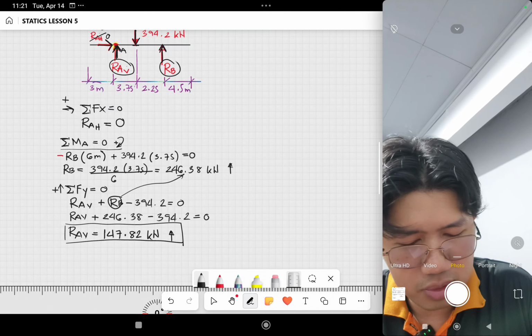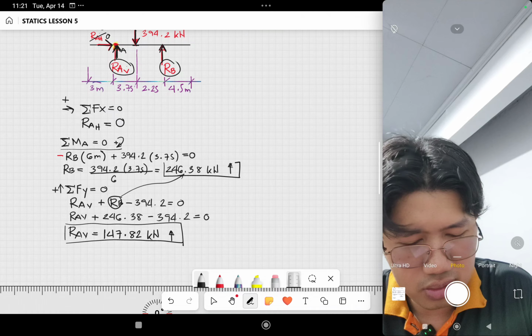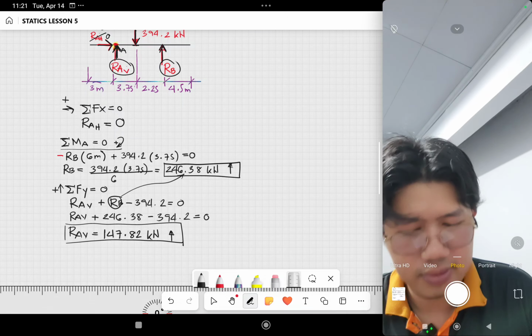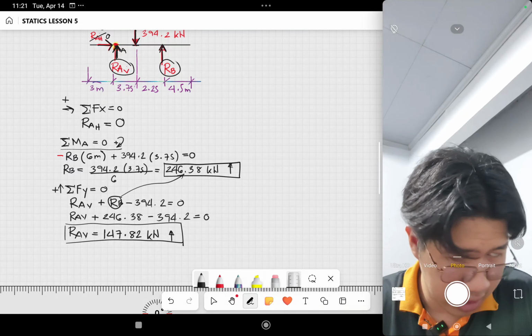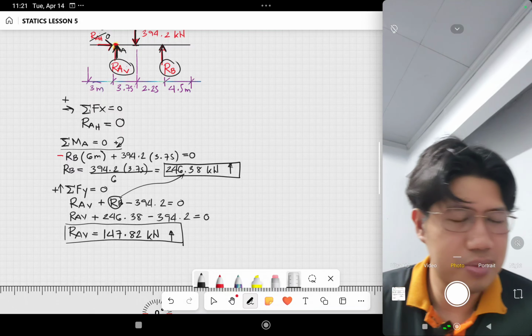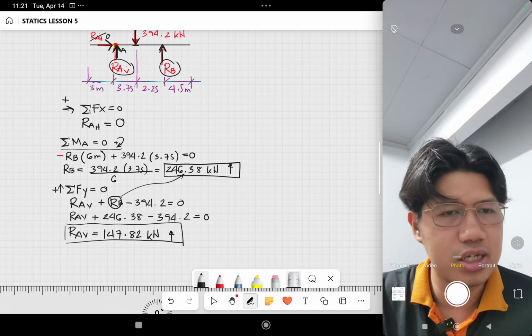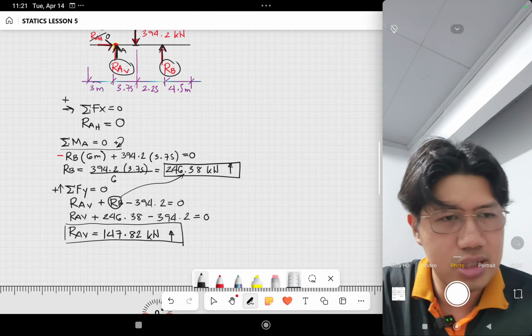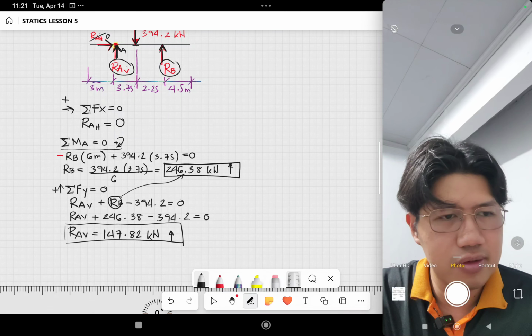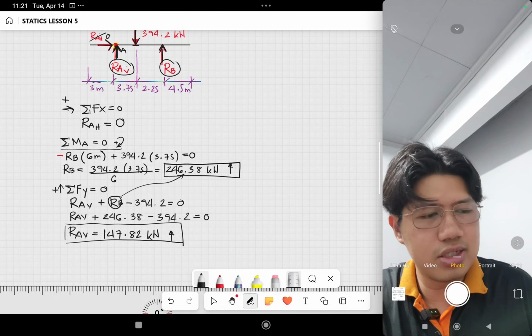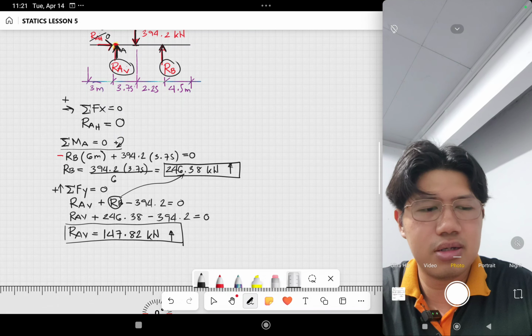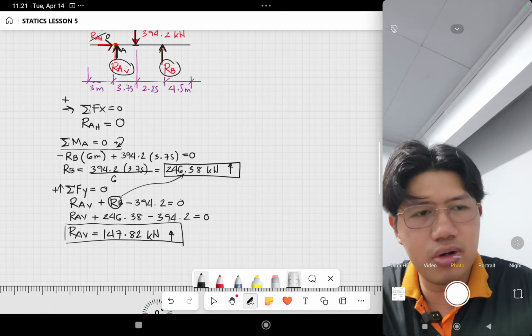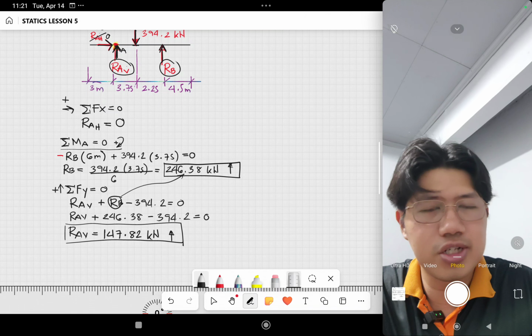So dito sa equilibrium of rigid bodies, yung mga signs indicate, no? Kunwari, negative yung nakuha mong answer. Ang ibig sabihin nun is hindi downward or hindi upward or hindi left or hindi right. Ang ibig sabihin nun is when you get a negative reaction, that just means that you have assumed the wrong direction in the first place.